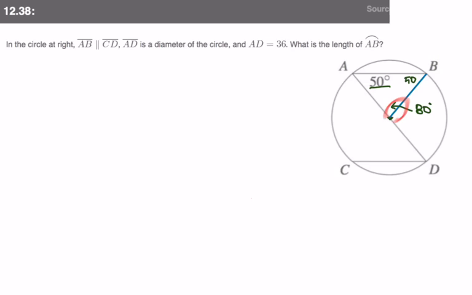Then this vertex angle becomes 80, hence the length of the arc AB is 80 out of 360 times 36 pi, because 36 pi is the circumference. If you calculate this, the answer becomes 8 pi.